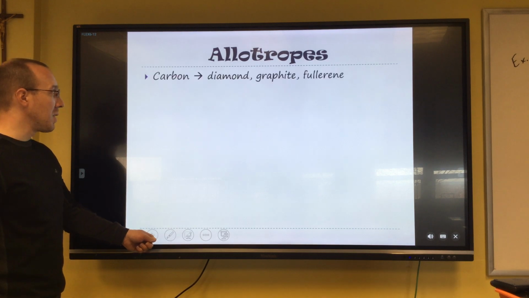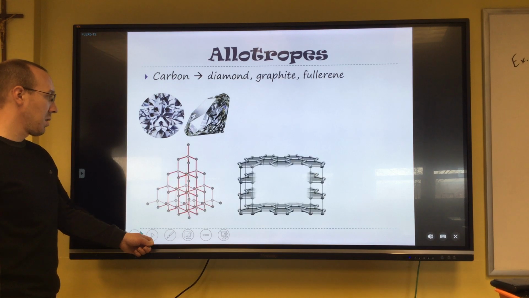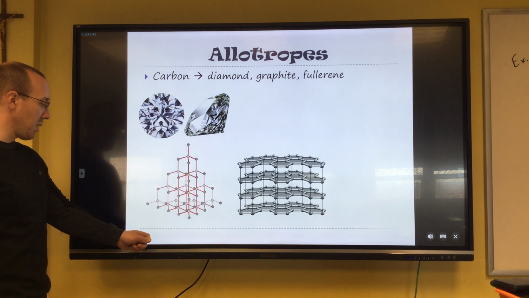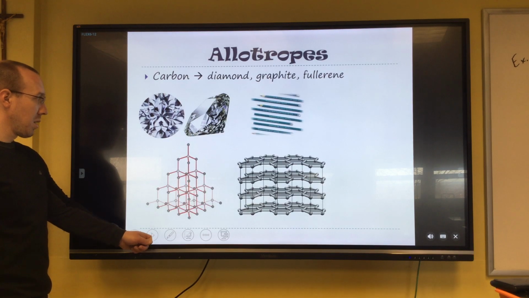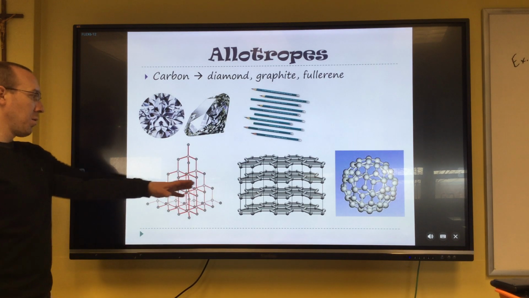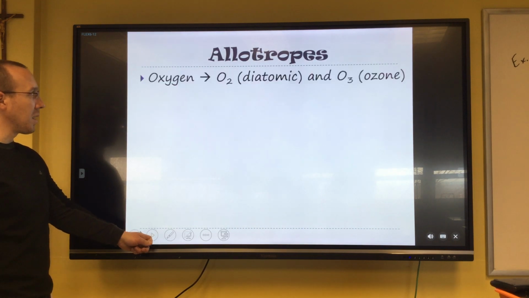But it's all just carbon. There's what these structures look like. Here's your graphite. So all carbon just looks different. They're bonded up a little bit differently.